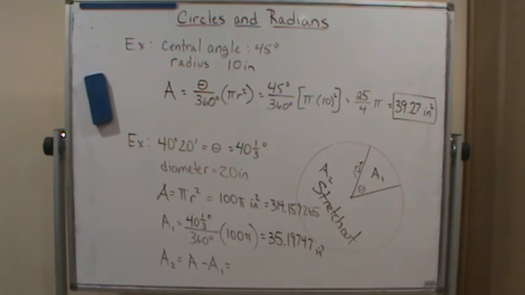When we do that, we get approximately, rounded again to the nearest hundredths place, 278.96.